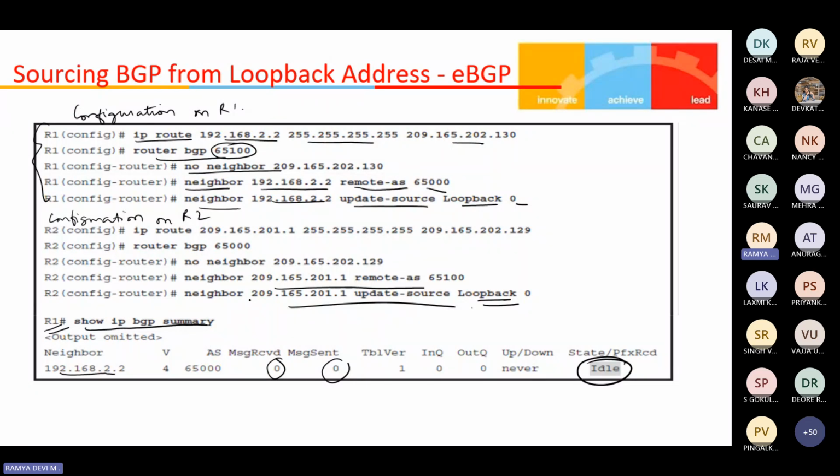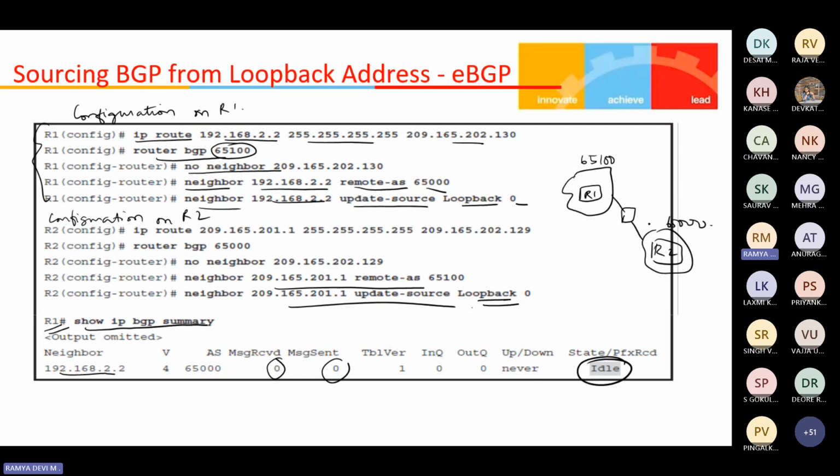So R1 and R2. R1 is in autonomous system number 65100, and R2 is in autonomous system number 65000. So this is connected with the Ethernet link, right? You remember that, isn't it?